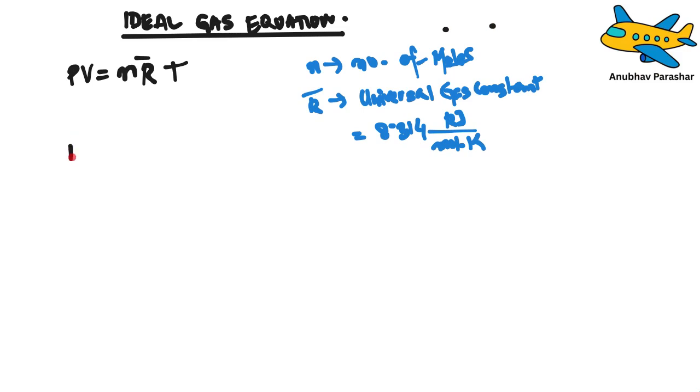Now you can rewrite this equation as PV is equal to number of moles, which you can always write as mass divided by molecular mass, into R'T.